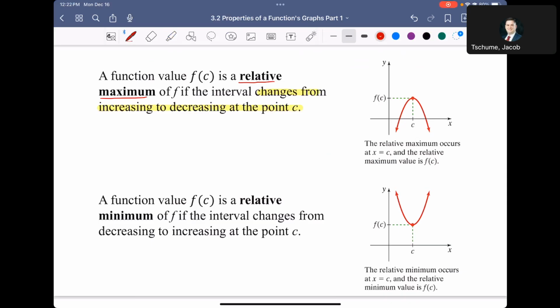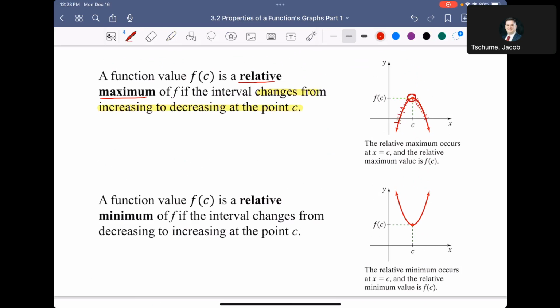As you can see in the picture over here, we're going up, up, up, and then at this particular point, we start to go back down. Anytime you change from increasing to decreasing, you will have what's called a relative maximum.